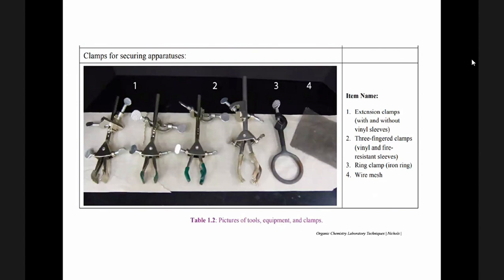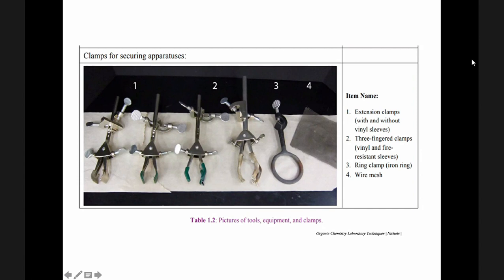Next, this is just a review. I presume that you already have discussed this in your Gen Chem. So we have here number 1, your extension clamps with and without vinyl sleeves. Next, number 2, 3-fingered. Nga ang 3-fingered, okay, 1, 2, 3.